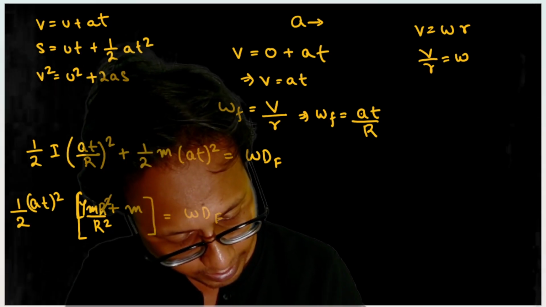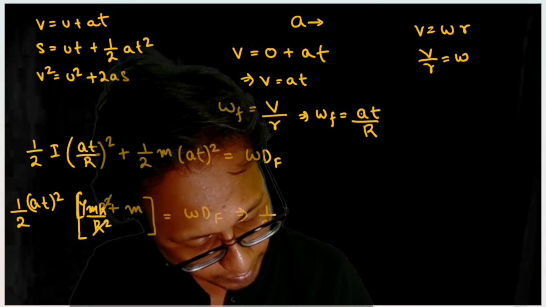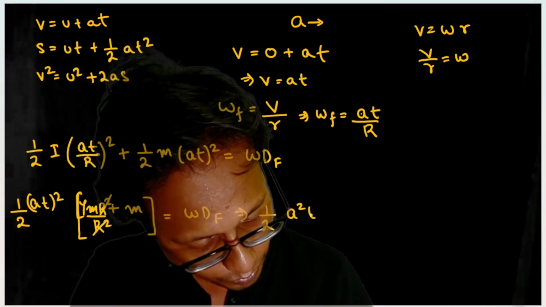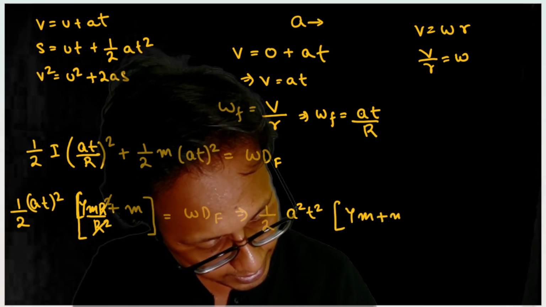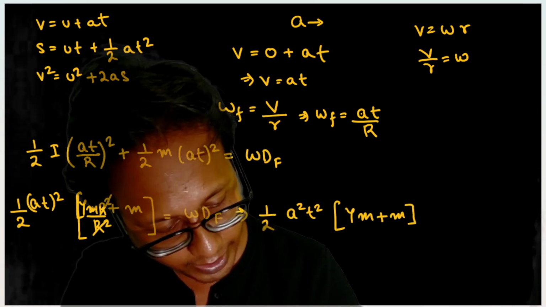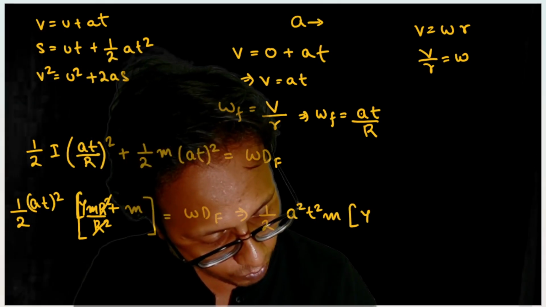R square and R square will get cancelled. So work done by external force is nothing but half a square t square into y m plus m. Let me take m also common, into y plus 1.